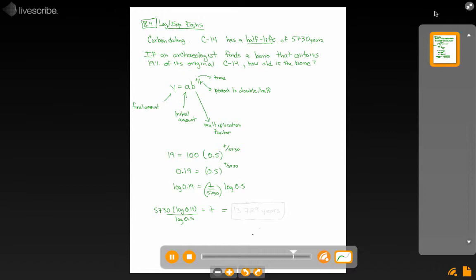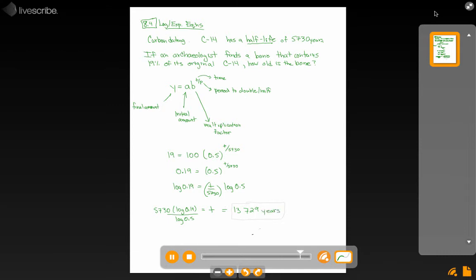So 5730 times log of 0.19, and then divide that by log of 0.5. And I got here approximately 13,729, and in this case it would be years.